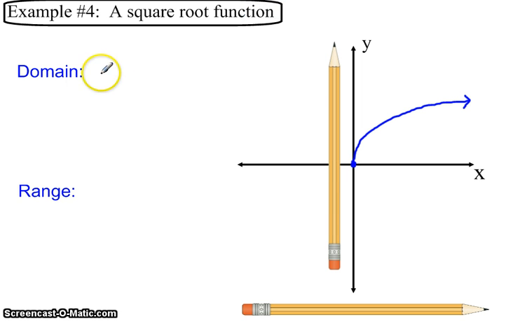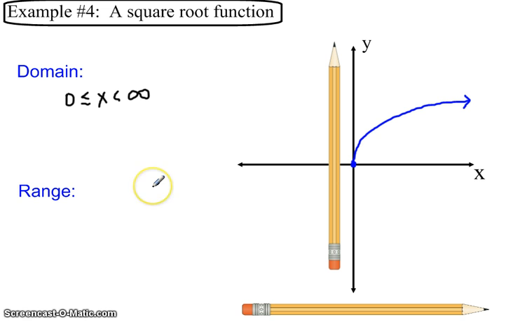So I can write that down. We're going from 0. We're going to include 0 because there is a filled in circle there. We're talking x because it's domain, and we're going towards infinity, which would be like this. So we're going 0 to infinity.